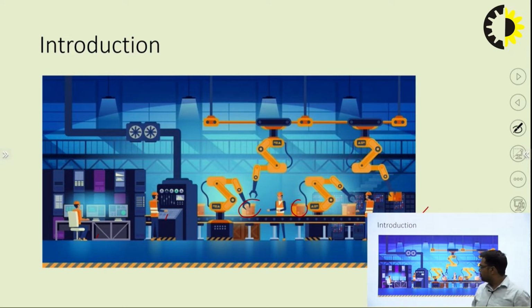So what is the role of timer and counter? The process will have different sequences: the block will be here, then there, and then there. Different operations will be going on in this industry.